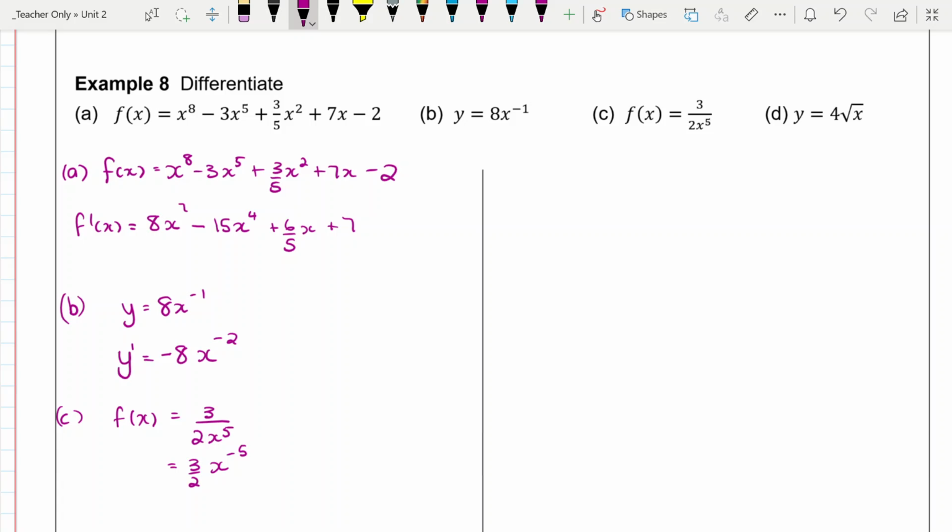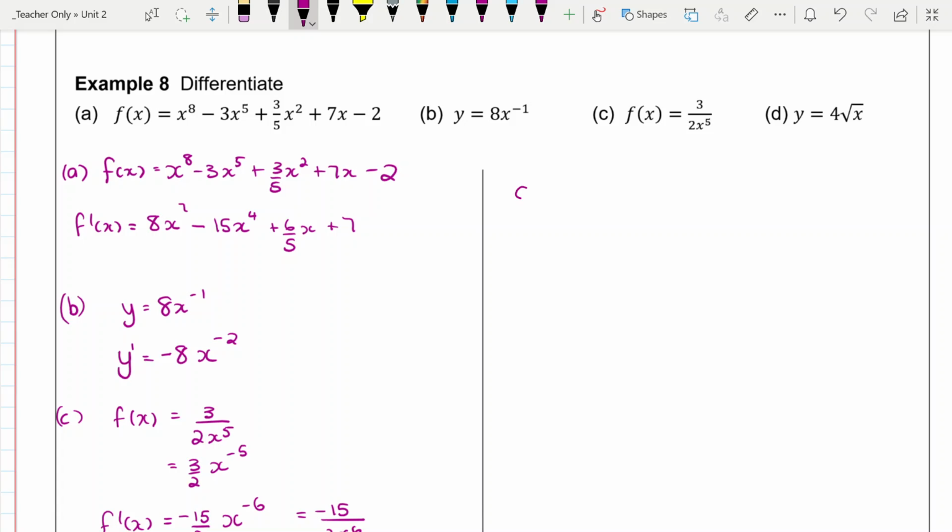And once you've done that, you can find your derivative, because it will be negative 5 times 3 over 2, so negative 15 over 2 x to the negative 6. And usually we then rewrite that derivative in the same form as it was originally given to us, so negative 15 over 2x to the 6.